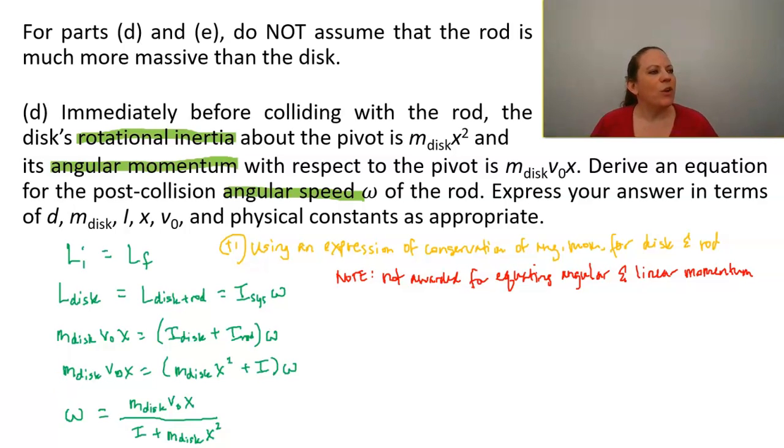Next point, for indicating the initial angular momentum of the system is equal to m disk v naught x.